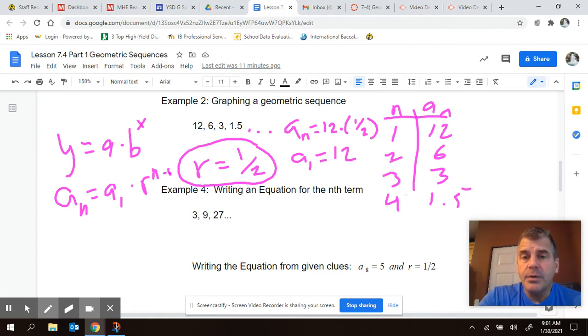So I'm just going to use parentheses there. And then this is to the n minus 1. So the nth term, or the formula, or the equation for this sequence 12, 6, 3, 1.5 is a sub n is equal to 12 times 1/2 to the n minus 1.